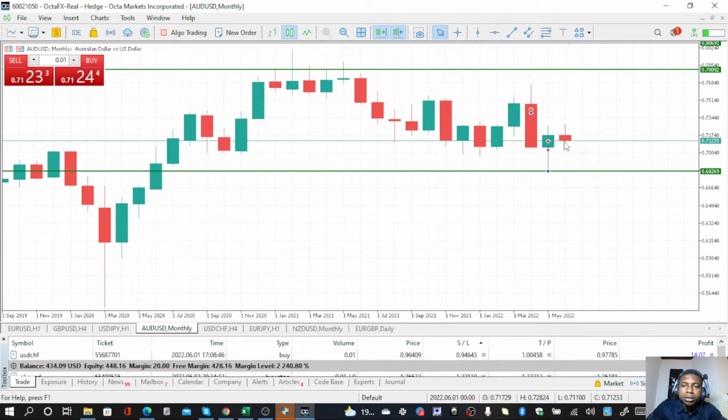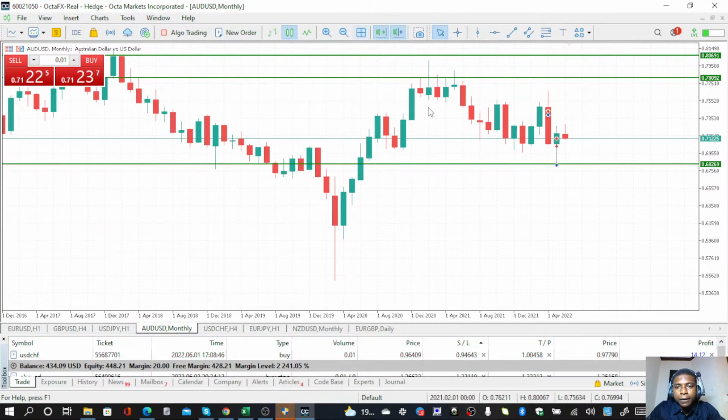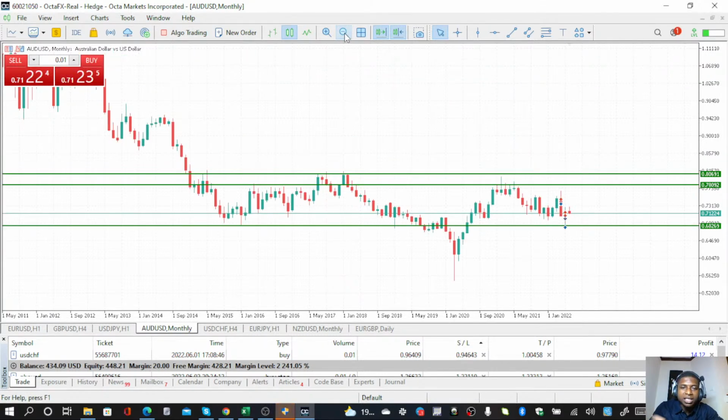Currently the June candle is going in a bearish direction, and we want to understand why this is happening and how best we can position ourselves for this opportunity. So first thing we ask ourselves, what's the current market structure?